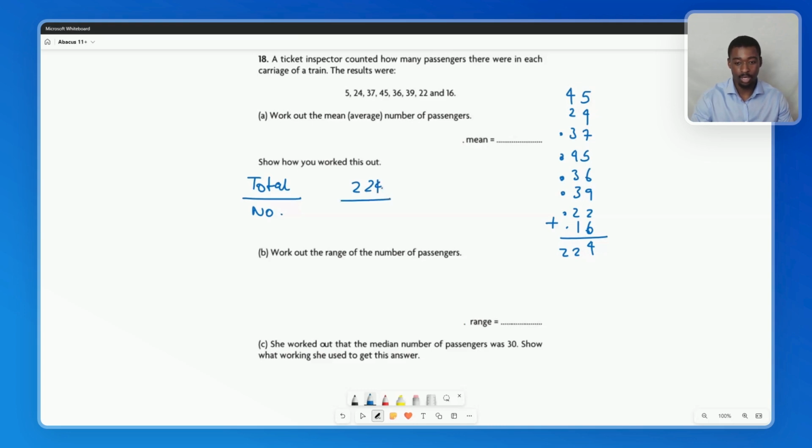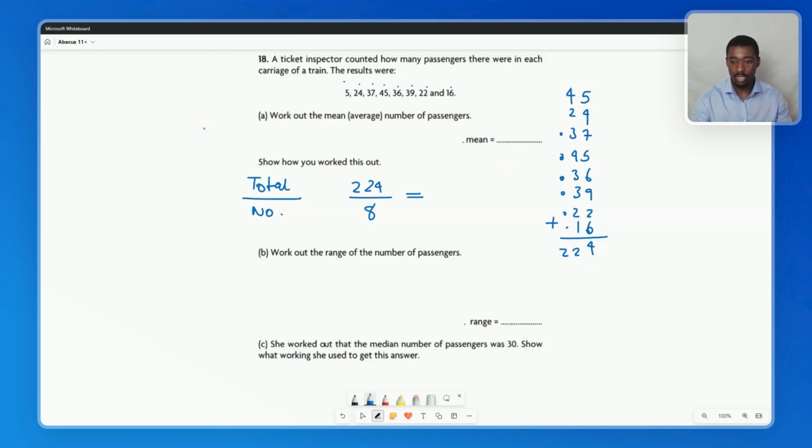And then how many numbers are there? We have 1, 2, 3, 4, 5, 6, 7, 8 numbers or 8 carriages. So now if we take 224 and we divide it by 8, it will give us the average number of passengers for every single carriage.